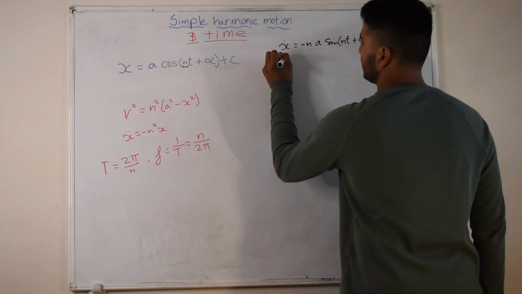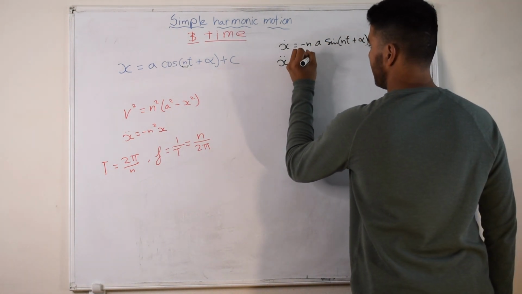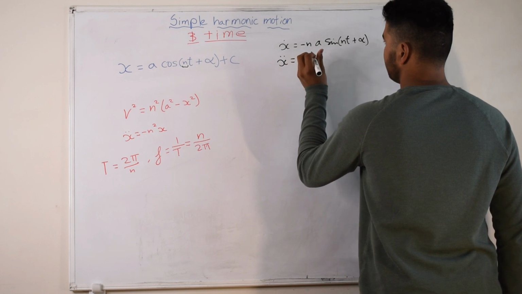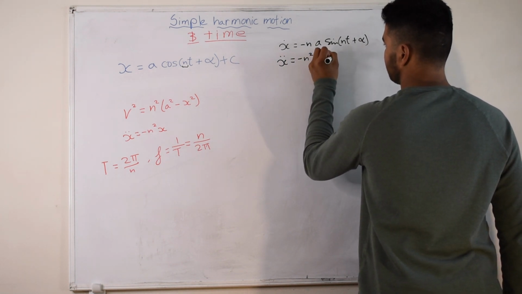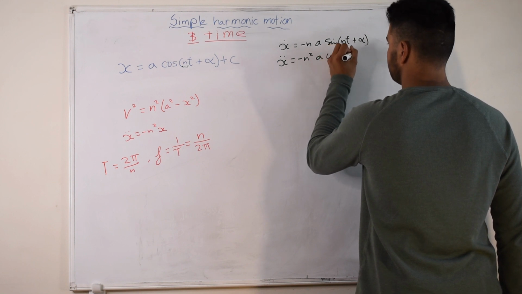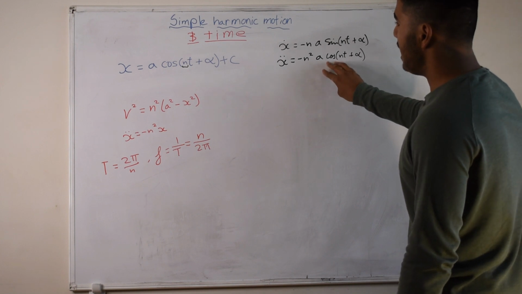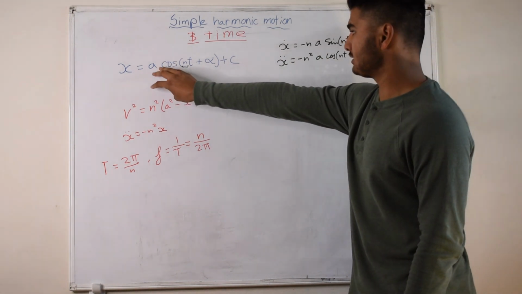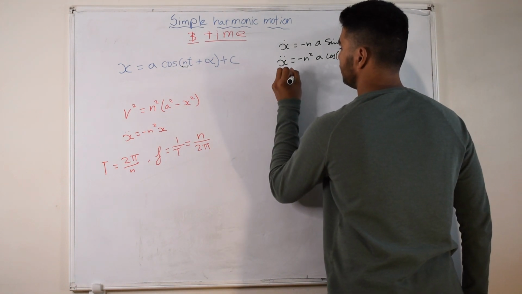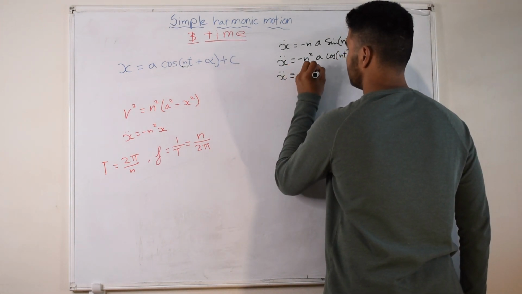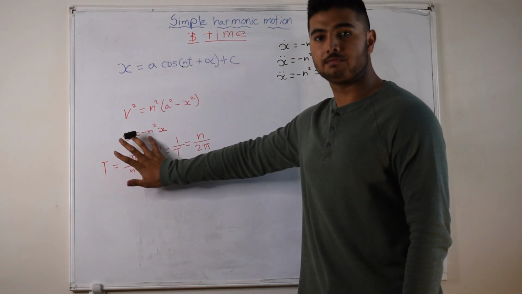Next step, take the second derivative. Again, we get negative n squared a cos(n(t + alpha)), but we know what a cos(n(t + alpha)) is, it's x in this case, so x double dot equals negative n squared x. So this is where this equation comes from.